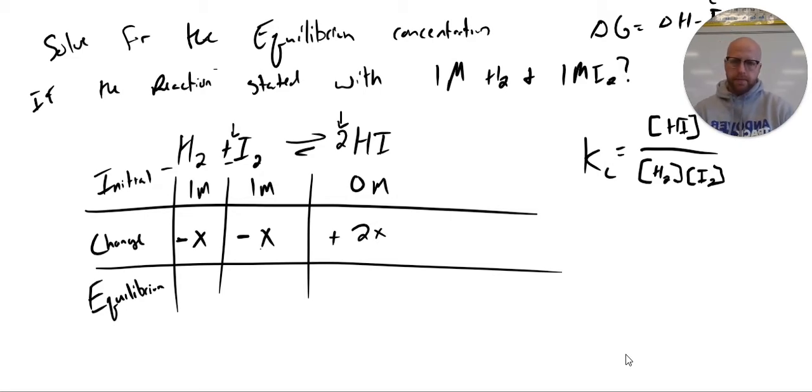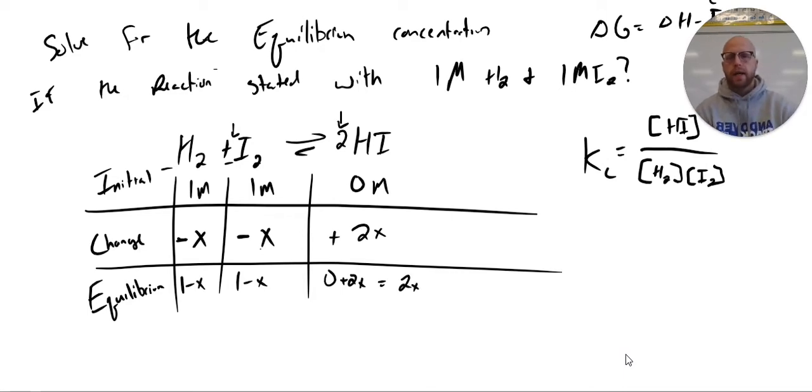So then, I know the initial concentration. I know the change in concentration to reach equilibrium, so I know an expression for the equilibrium concentration. It is 1 minus X. This one's going to be 1 minus X. This is 0 plus 2X. Or we're just going to say 2X.